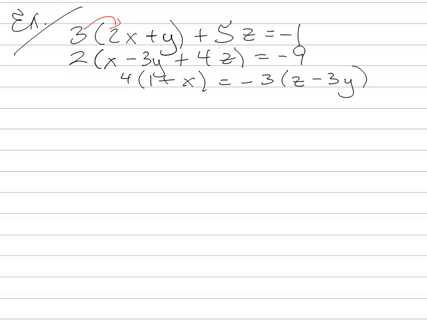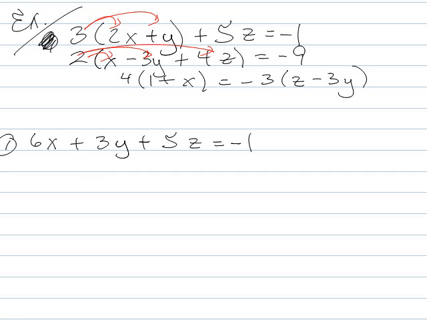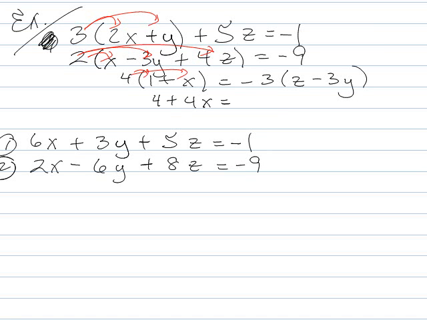So I'll take my 3 and distribute it. So my first equation really isn't that. I'm going to use 6x plus 3y plus 5z equals -1. I'm going to use as my second equation, I'm going to forget the first ones even exist once I write these out, minus 6y plus 8z equals -9. This last one you might have to mess with a little bit, because you'll have 4 plus 4x equals minus 3z plus 3y.